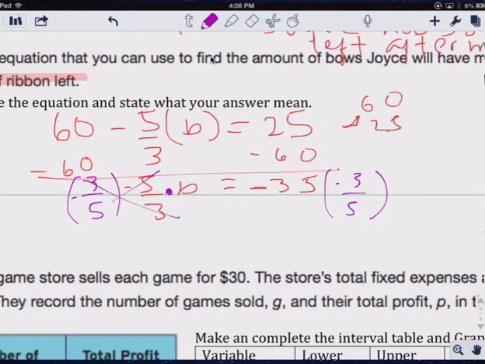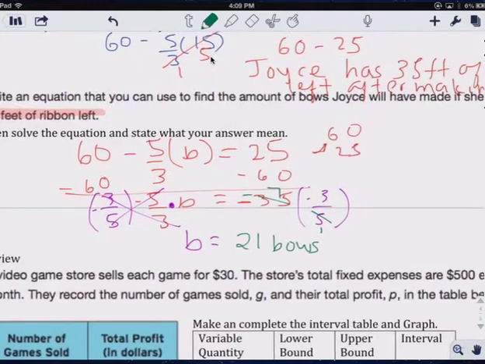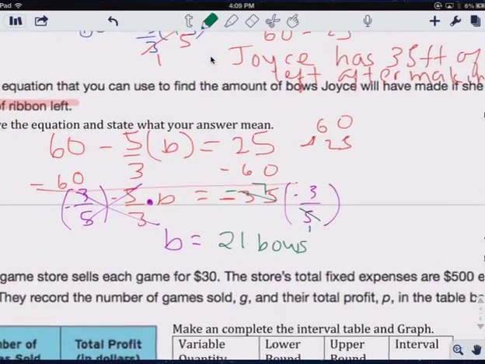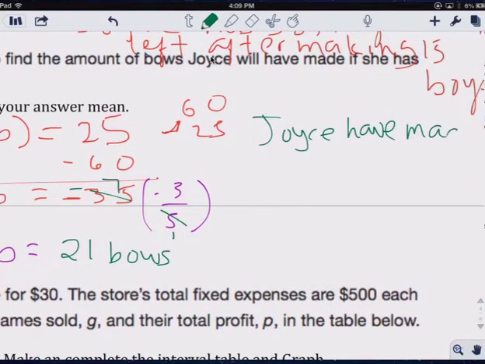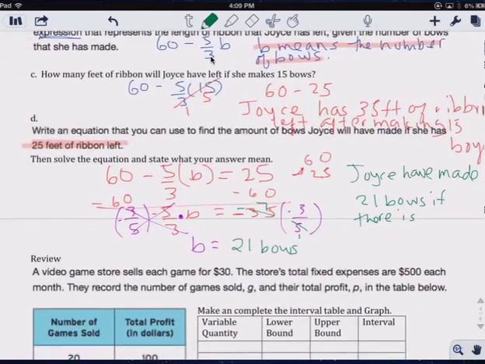Cross cancel, and b equals 21 bows. Joyce will have made 21 bows if there are 25 feet of ribbon left.